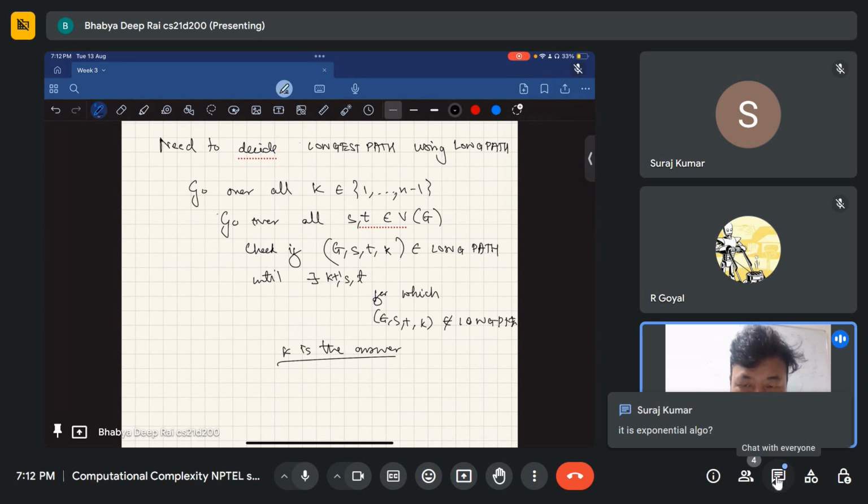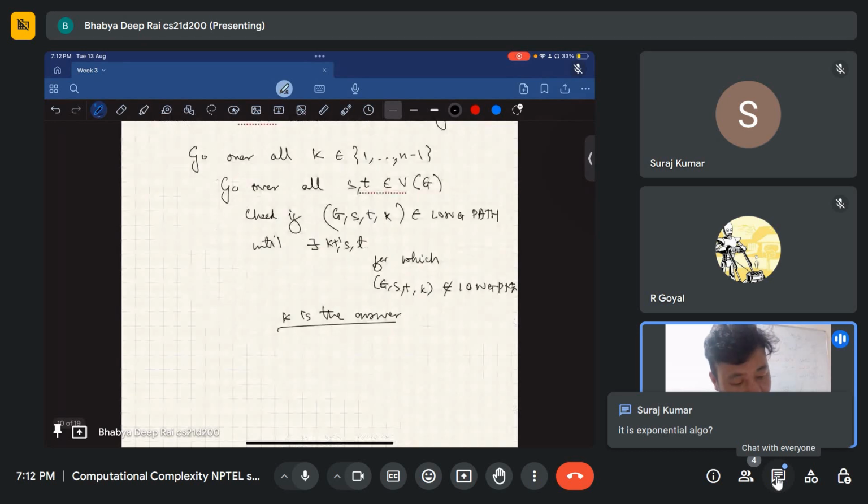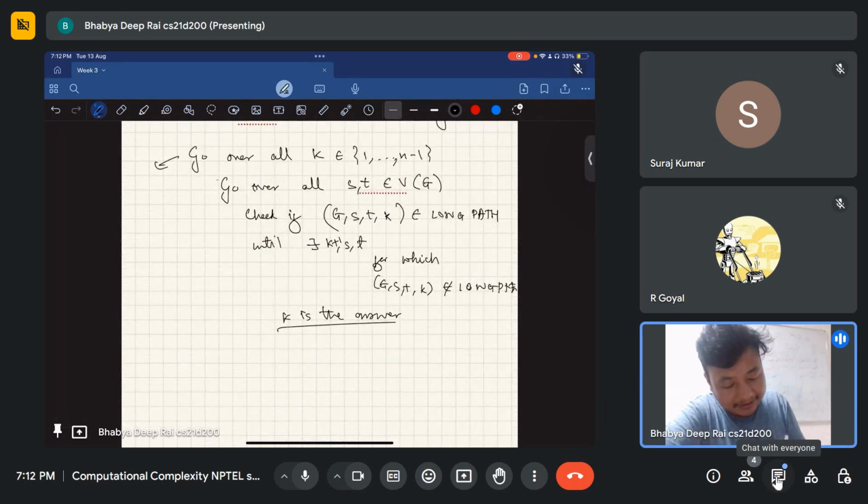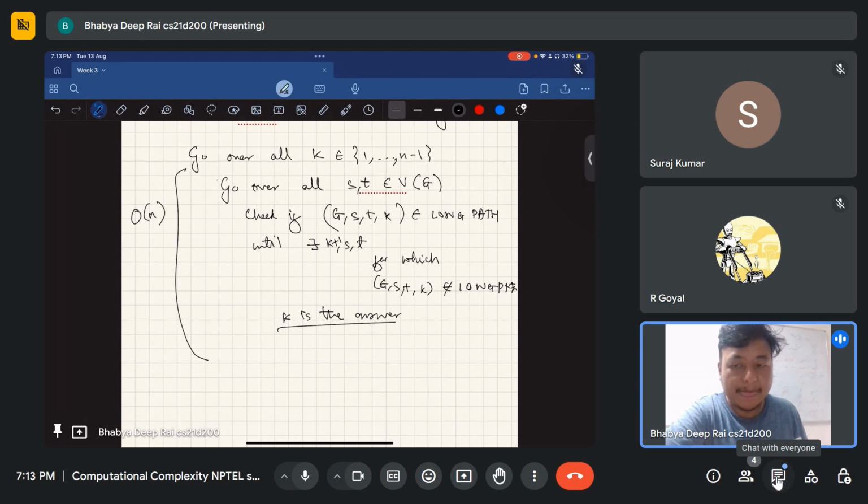Is it an exponential algo? Let's see. Go over all k from 1 to n minus 1. How much time does this part take? This takes order n. Go over all S, T in V of G. G has n vertices.